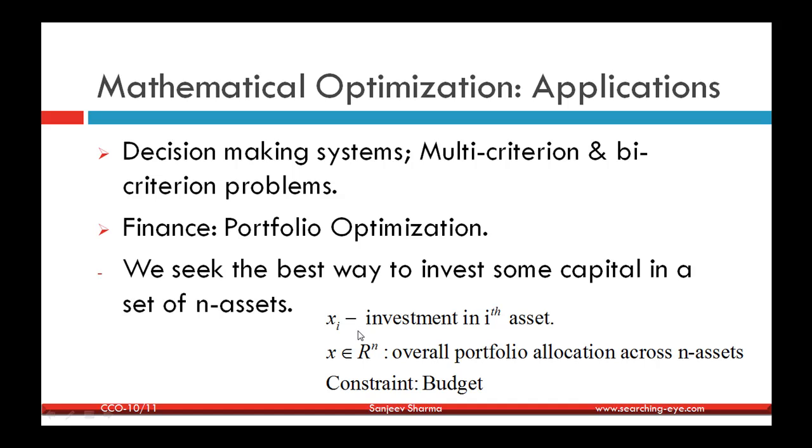Each xi could be taken as the investment in the ith asset, where x belonging to R^n is the overall portfolio allocation across n assets, and the constraints can be the budget, such as the investment cannot exceed your total budget. So the portfolio optimization problem can again be framed as a mathematical optimization problem, in fact a convex optimization problem, which we will see later.